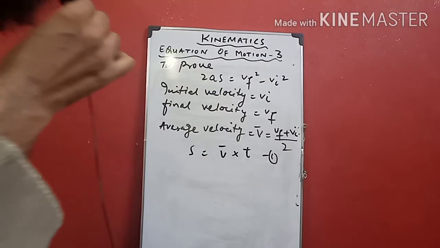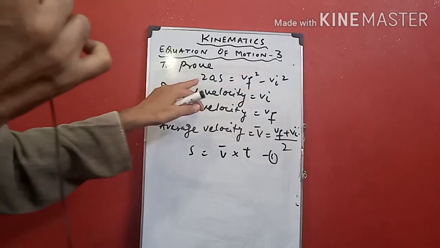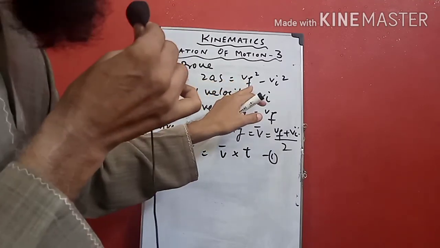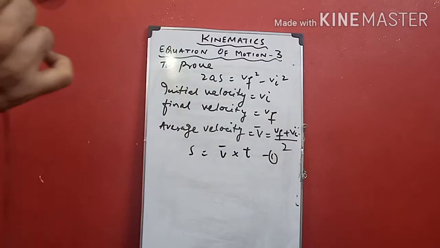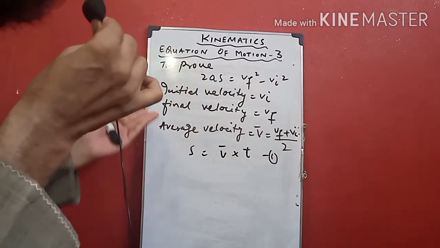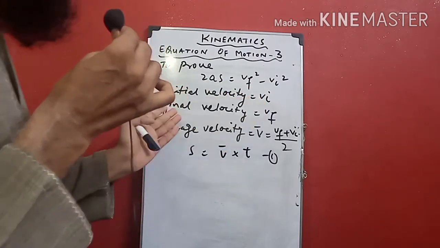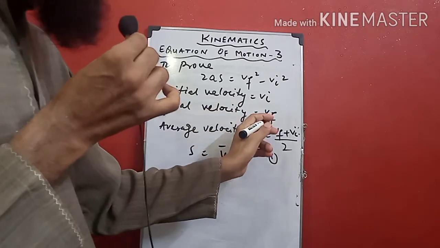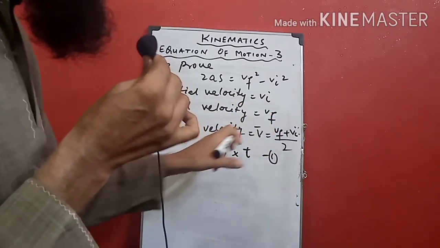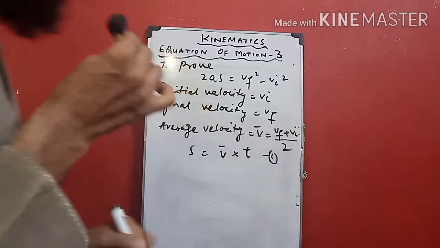Now the third equation of motion, to prove 2As equals Vf square minus Vi square. As previously, we again consider the initial velocity of the body is Vi, the final velocity of the body is Vf, and the average velocity V bar is equal to Vf plus Vi upon 2.